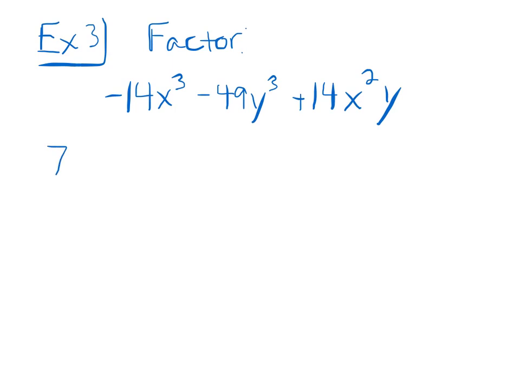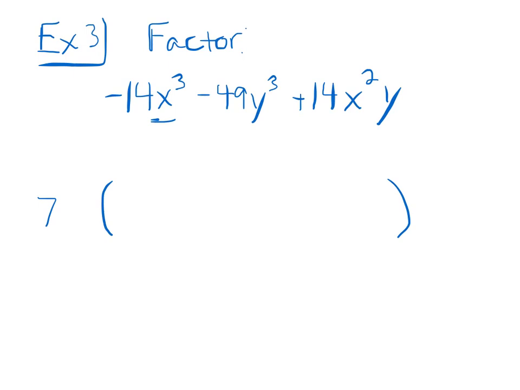Okay, and I'm actually going to write that a little bit lower, because I'm just going to start writing out my answer form. Whatever that GCF is, I'm going to write it outside. So it'd be 7. And then let's look at the variables. The first variable I see here is x. Does each term have an x in it?